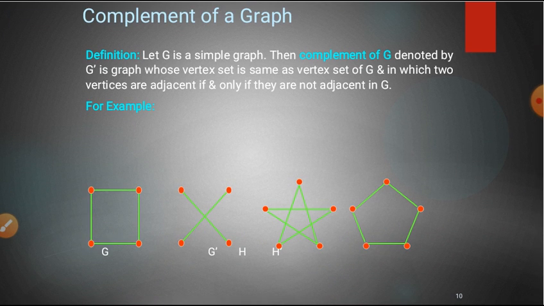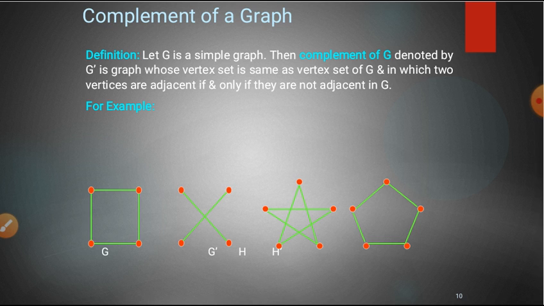Now the next term we are using is the complement of a graph. What is the complement? Complement means just the opposite value, or just a bar. It means if there is a 1, we assume the answer is 0, and if there is a 0, we assume the answer is 1. See the definition, in which we can better understand the complement of a graph. Let G be a simple graph.